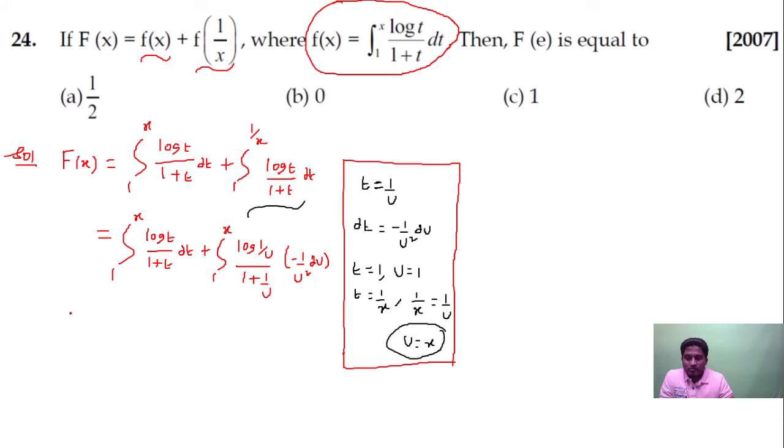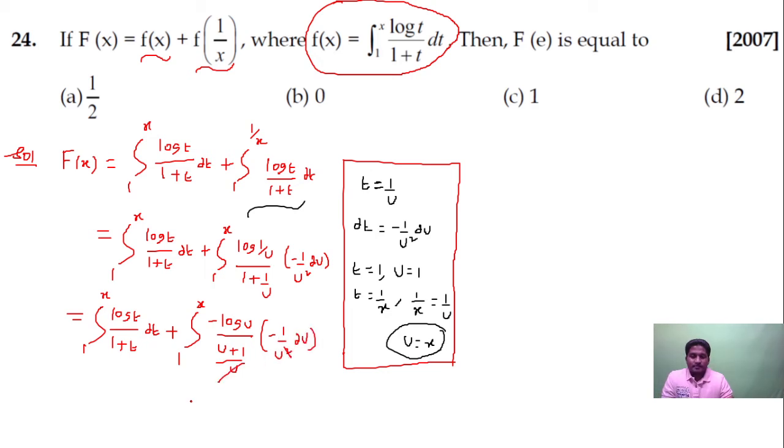Log of 1 by u is minus log u. Cross multiply, you get u plus 1 whole divided by u, and then minus 1 by u square into du. This u will cancel with the square. 2 minus signs will be plus.